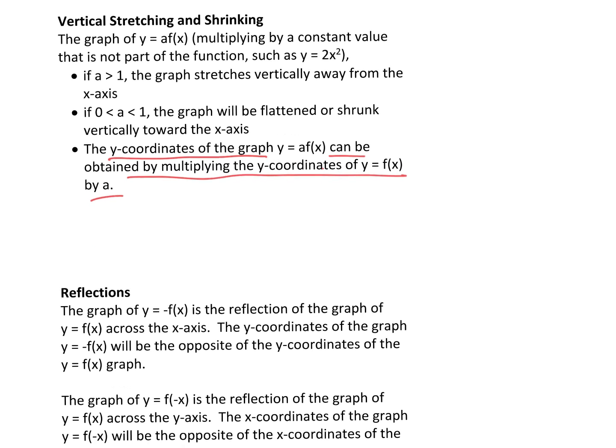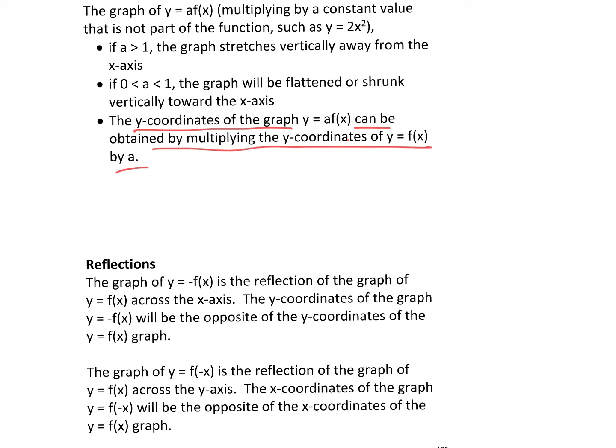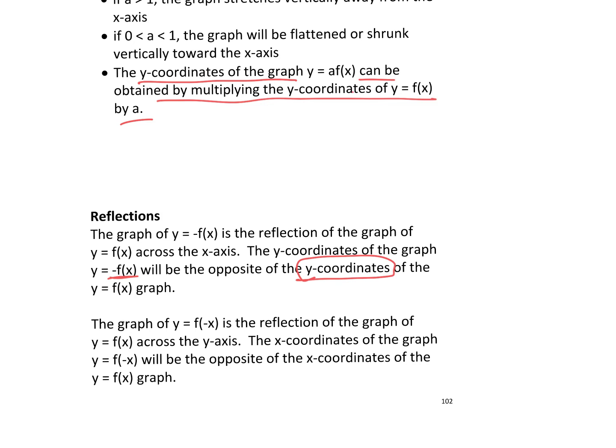And for our reflections, if we have a negative in front of f of x, then it will be the opposite of the y coordinates, which we also talked about. And if the negative is inside where the x is, then it actually changes your x coordinates. And so that might be something that will help you as well.